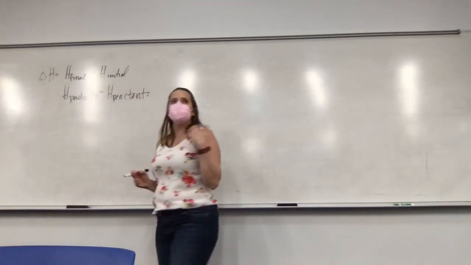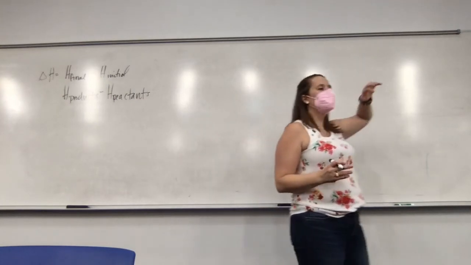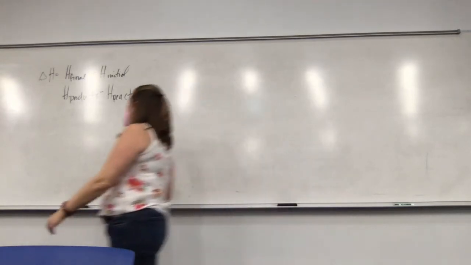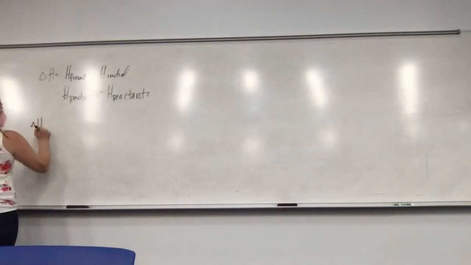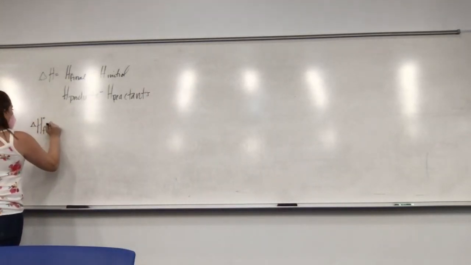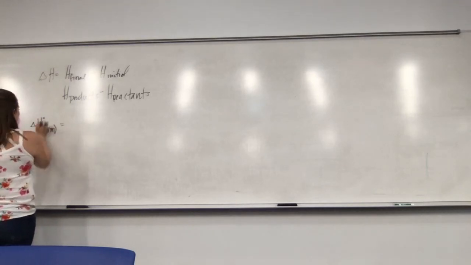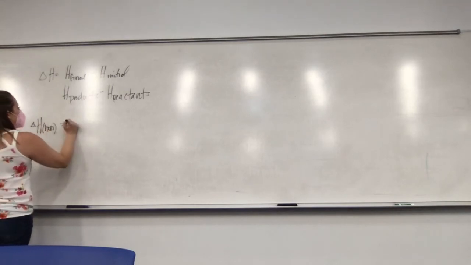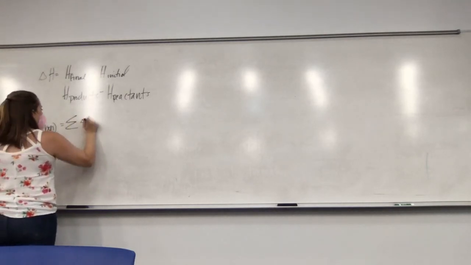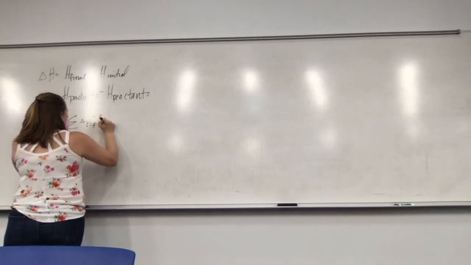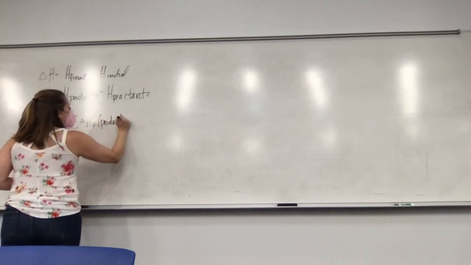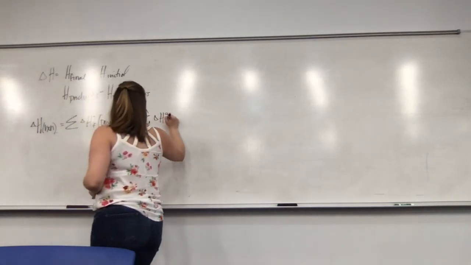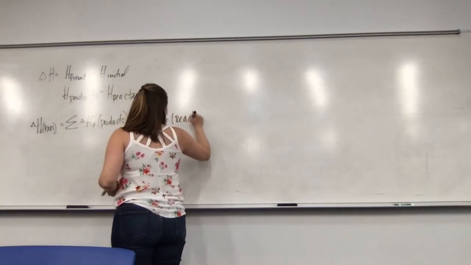If we know, based on Hess's law, that a reaction can be calculated by the sum of its parts, we could calculate delta H reaction, let's write that a different way, is equal to the sum of delta H naught F of the products minus the sum of delta H naught F of the reactants.